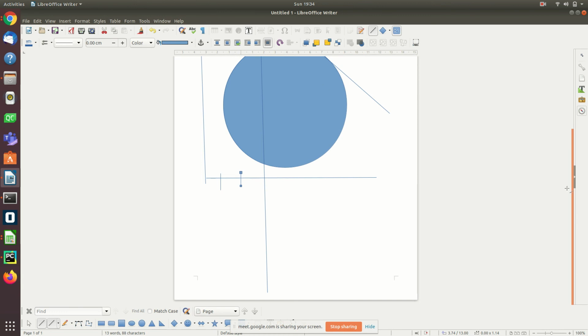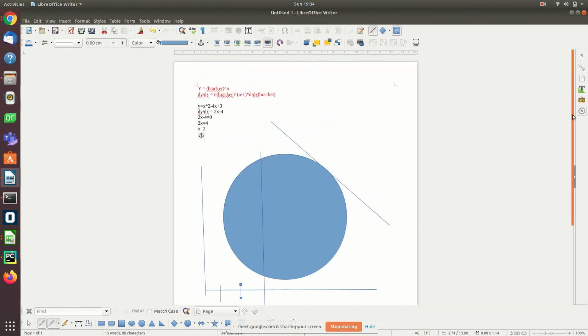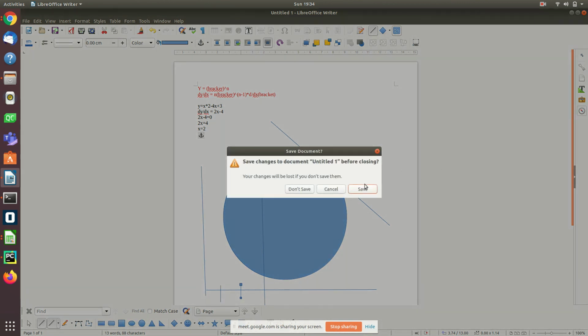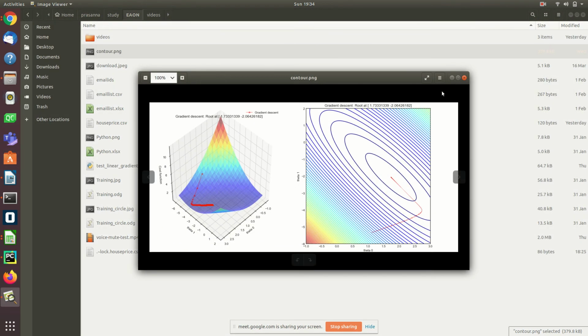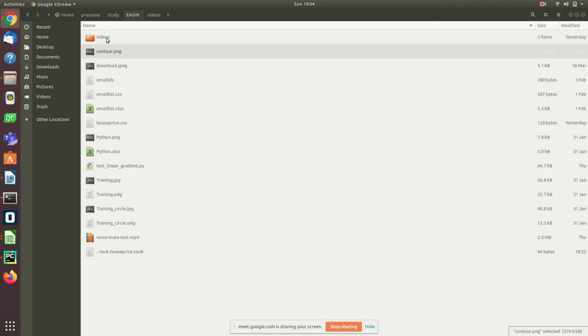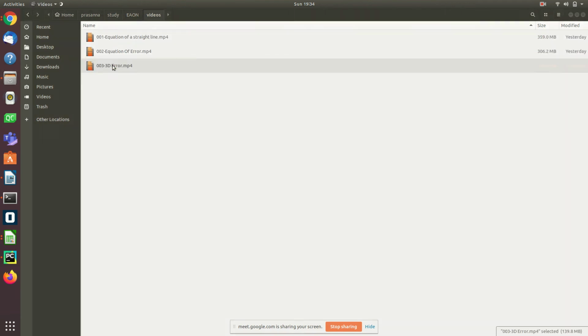So with M as one axis, C as another axis, the error thus obtained looks like a half broken egg, which is called a contour, okay? I already showed you how a contour looks, but just for your benefit I made a small video, try to see.